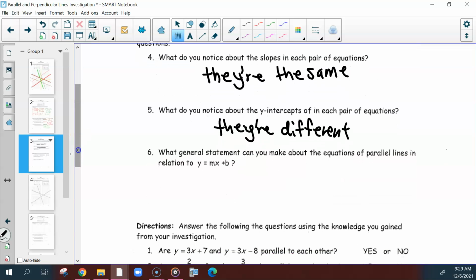So a general statement, you can combine those two things. For parallel lines, the slopes have to be the same, but the y-intercepts have to be different. That could be your general statement or something similar to that.